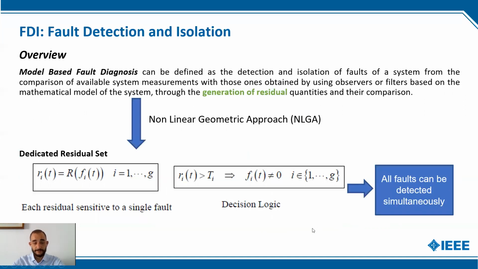In this research, the actuator fault diagnosis is addressed with a model-based approach. So the detection and isolation of faults of the system is achieved by comparing the available system measurements with those obtained by using observers or filters based on the mathematical model of the system, through the generation of residual quantities and their comparisons.